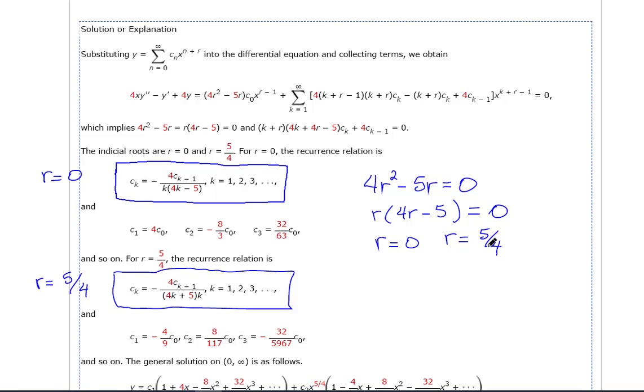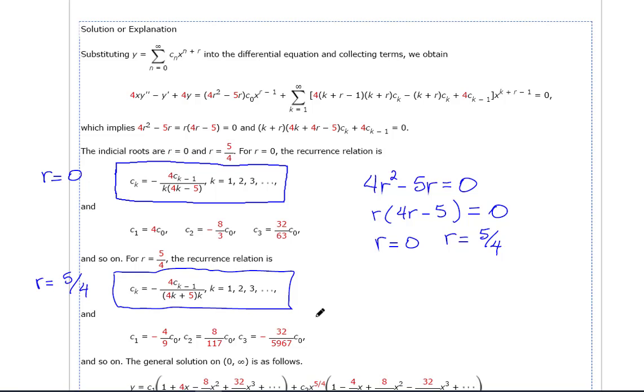So what do they look like? Well, using this relationship here for our coefficients, we get a relationship for r equals 0, and we get one for when r is 5/4.